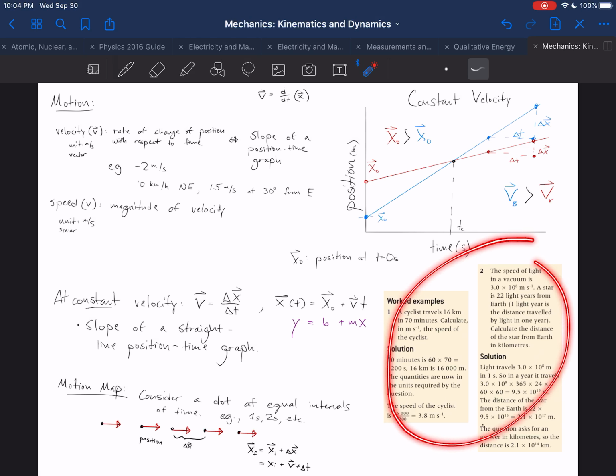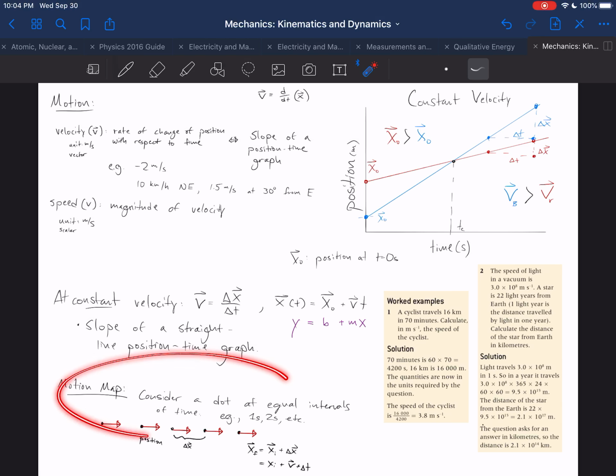Notice there are a couple of worked examples built into the notes here, and you can take a look through them. There is a representation known as a motion map, which I might use occasionally moving forward, and you can consider a motion map to be a representation of the object at different points in time at equal intervals.